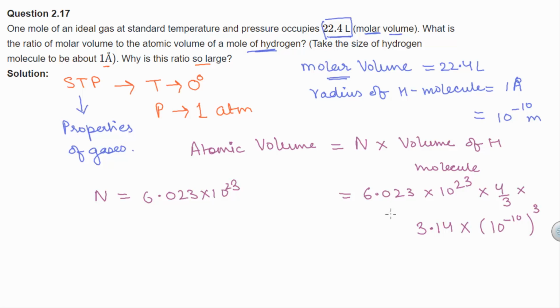Now calculating all these, we get 25.2 into 10 to the power minus 7 meter cube.